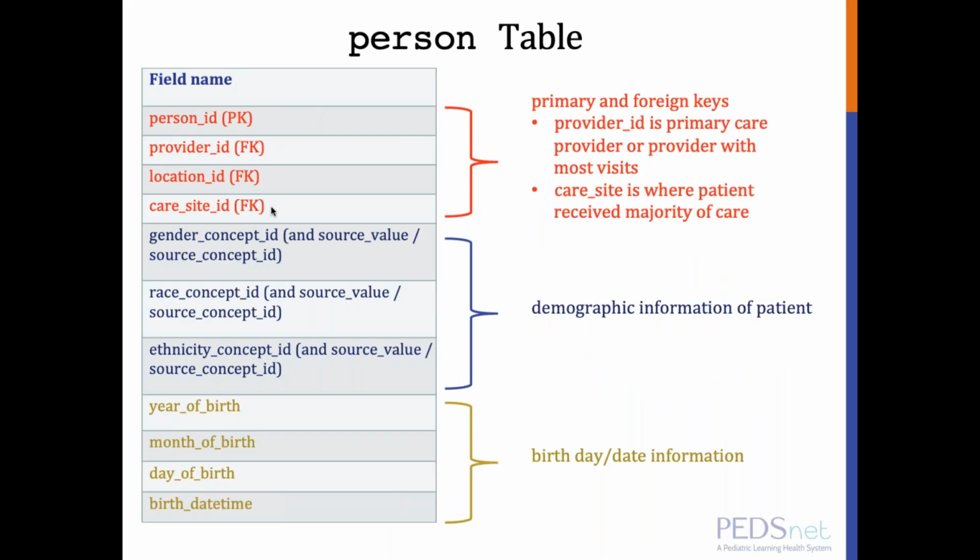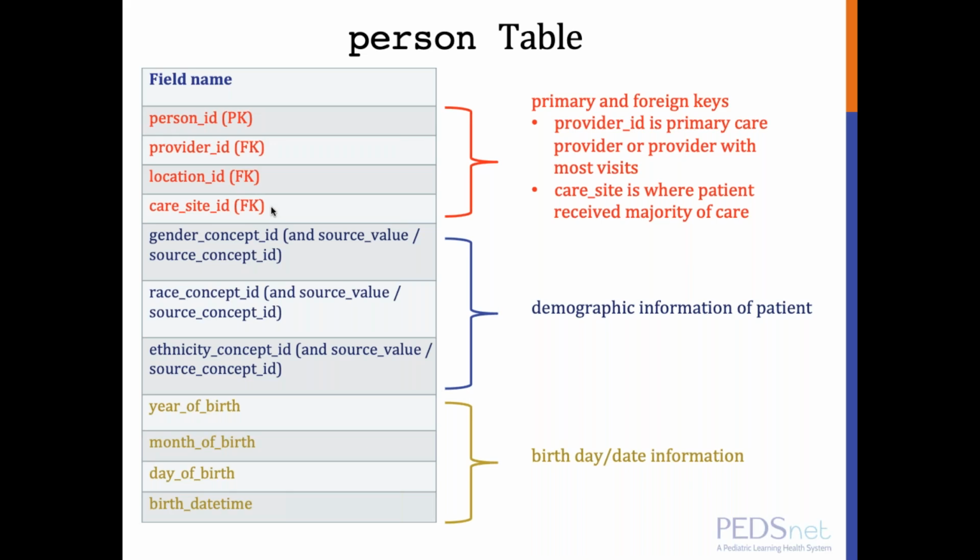The second thing is, remember those vocabularies. So when Kim was showing the person table, for instance, the person's gender, sex is what we actually have, race and ethnicity are represented by concept IDs in that. So you can't look in the table for male or female or M or F or boy or girl or that in any of a couple other languages.